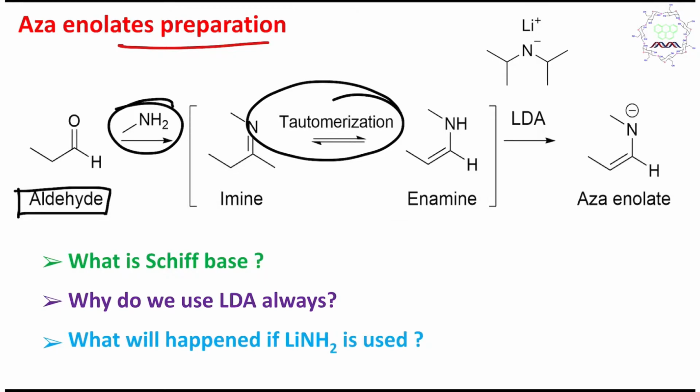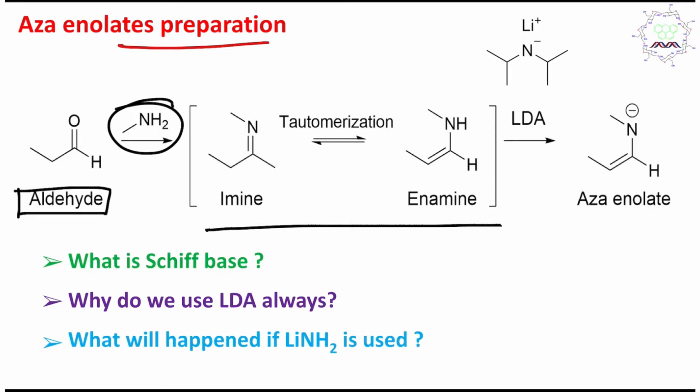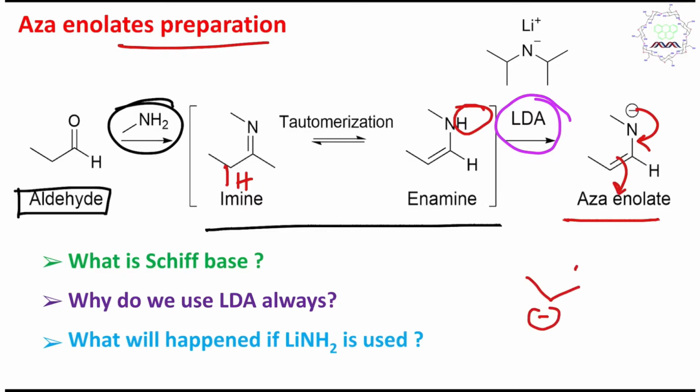Further, when this imine and this enamine are treated with LDA, deprotonation occurs, whether you consider this alpha proton or this NH proton, with a strong bulky base, and ultimately it produces this azaenolate. This is resonance stabilized because the negative charge can come here and the double bond can open, and in this way you can consider that this is resonance stabilized.